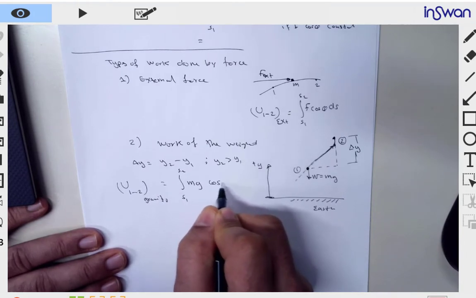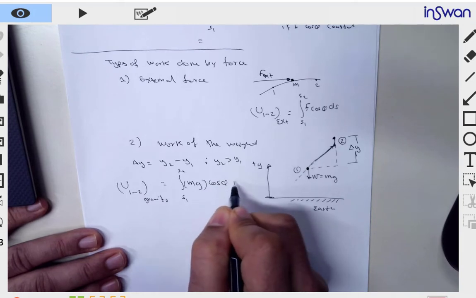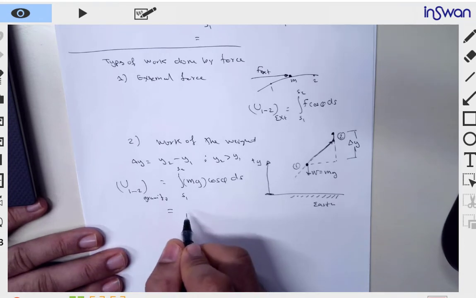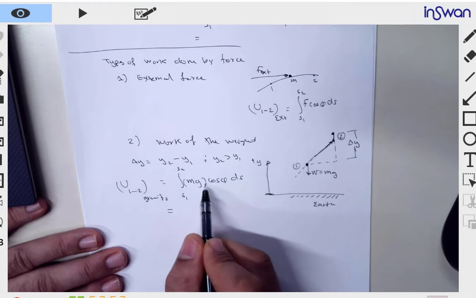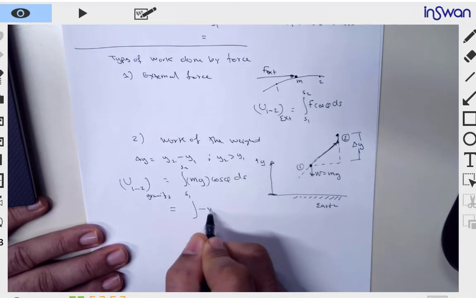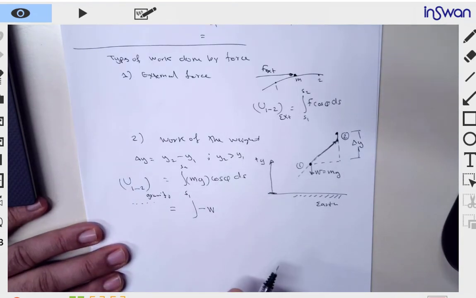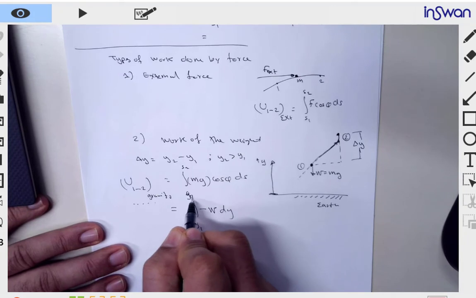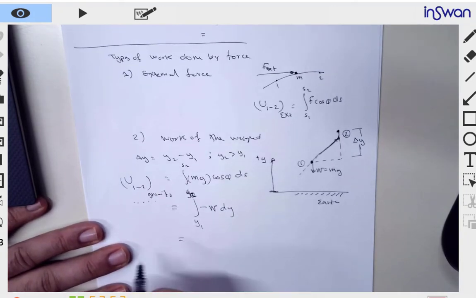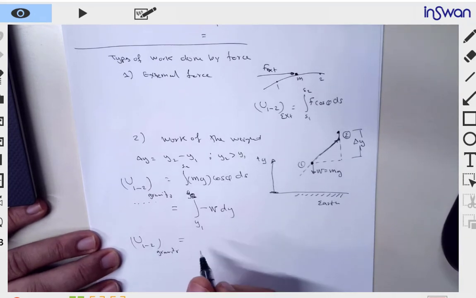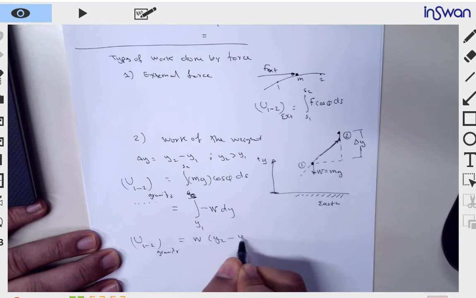mg cosine theta, and this is a vector that's always pointing down, ds, which, if you do the calculation, is going to be equal to, now mg cosine theta can be written also as the weight dy from y1 to y2, and that's equal to the weight, w, times y2 minus y1.